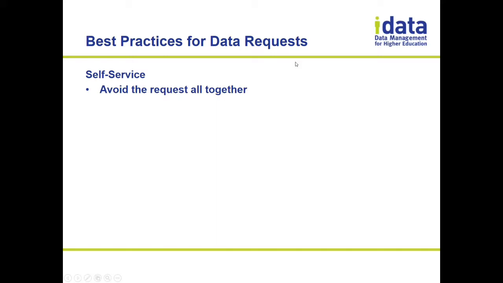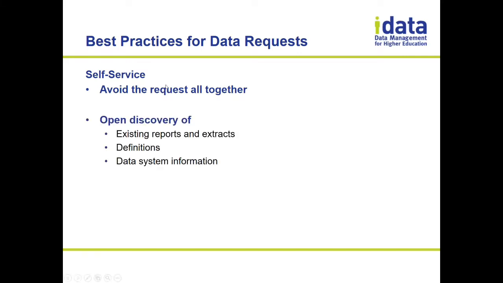The other best practice is self-service. Can you avoid the request altogether? This is the ideal situation: the best data request never happens because they get the answer on their own. To do that, you really need that knowledge base, with some sort of open discovery of whatever existing reports and extracts exist. We highly encourage a centralized enterprise knowledge base, but that's not always possible.